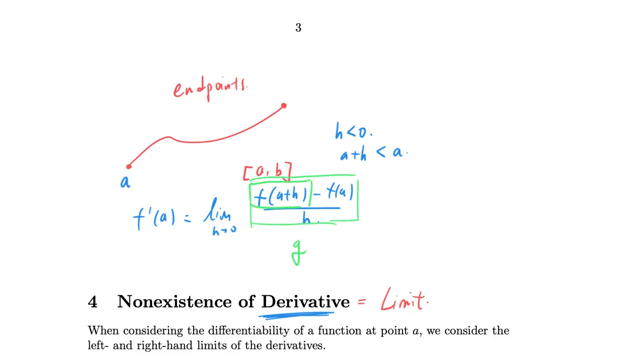Let's say we let this be g(h). What g(h) would look like is that g(h) is not defined for any h less than 0, and there would be something on its right. So we're essentially taking the limit at this endpoint for g(h).